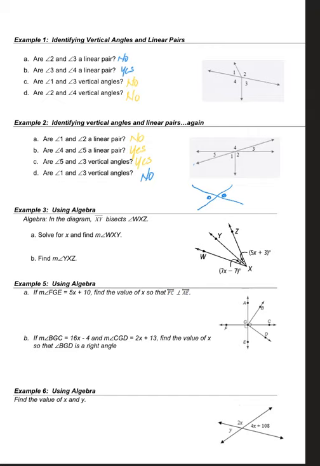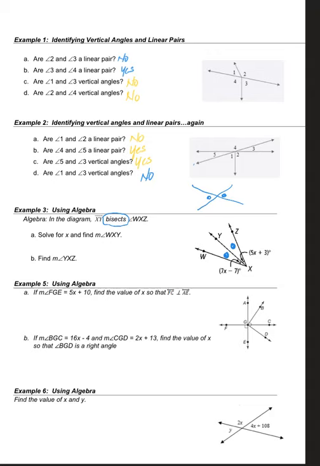Okay, looking at example 3, it says in the diagram, XY bisects angle WXZ. So we need to talk about this word bisect. Bisect means it cuts it in half. It makes the two sides exactly the same. So it's saying that this side of the angle, WXY, is the exact same as this side of the angle, YXZ.